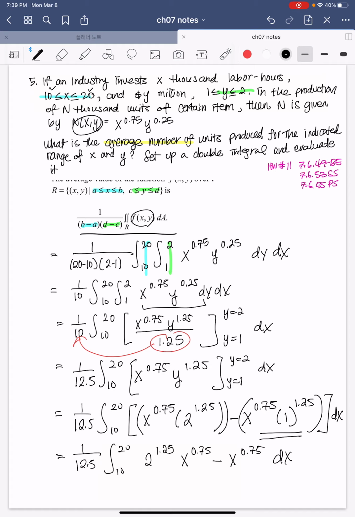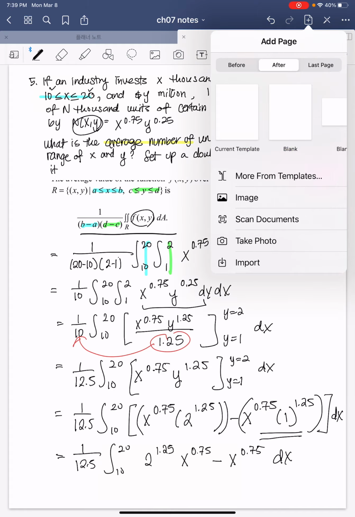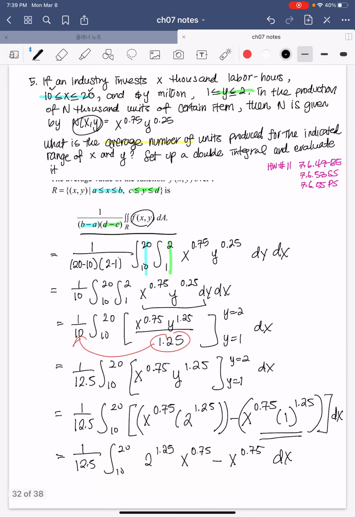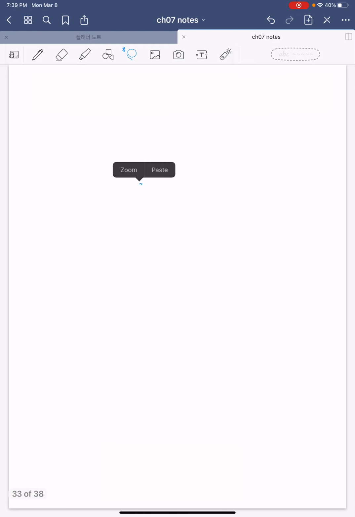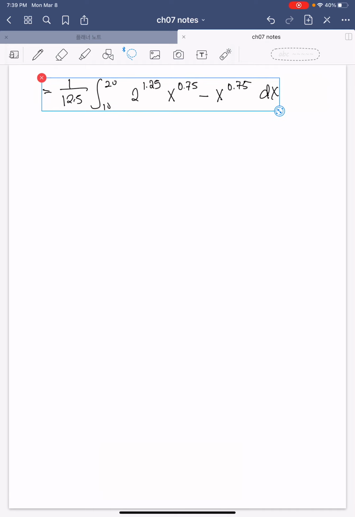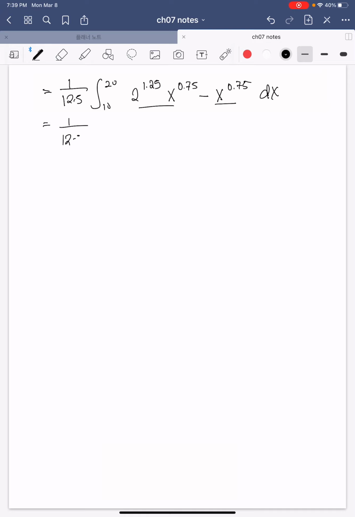Now term by term. Let's add a new page. I will copy this one here. So dx, term by term, 1 over 12.5, raise the power and divide by the new power. My first term will be 2 to the 1.25 times x to the 1.75, because adding a power, right?